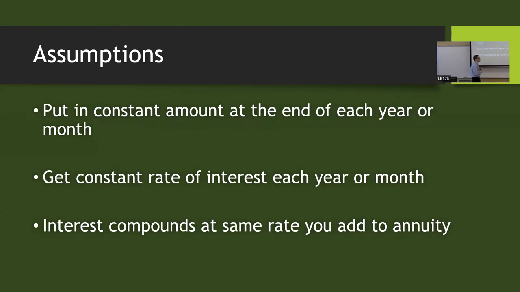Now, when we do this annuities calculation, we're going to make a few assumptions. One of the assumptions is that I'm going to put in the same amount from month to month or from year to year.